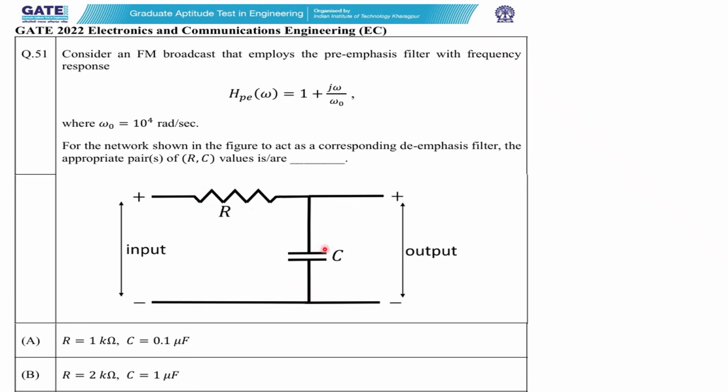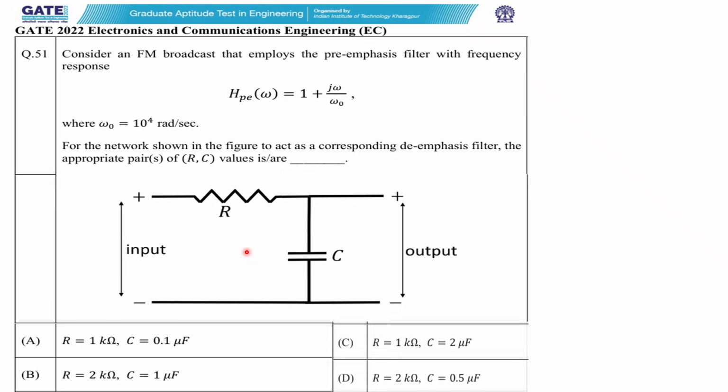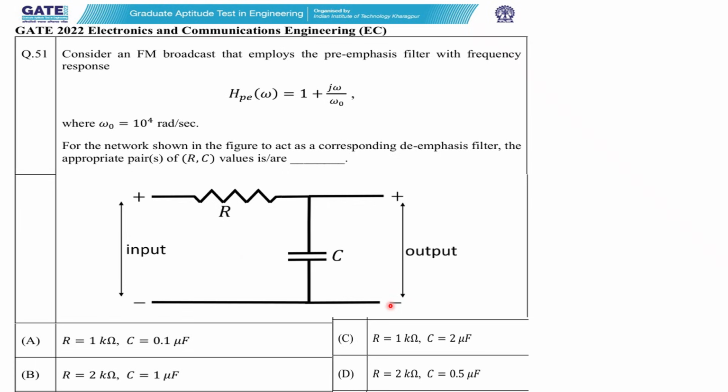So we have to find the transfer function so that we can establish the relation with R and C and the known frequency. That is our target. Your options are given, and as per the answer key, answer A should be correct: R equal to 1 kilo ohm and C equal to 0.1 microfarad.